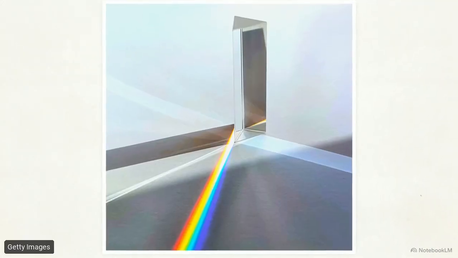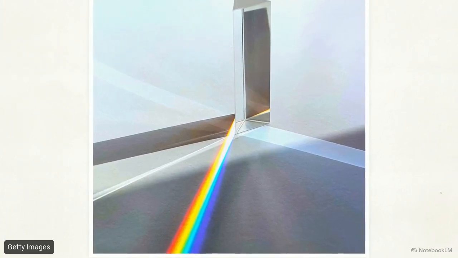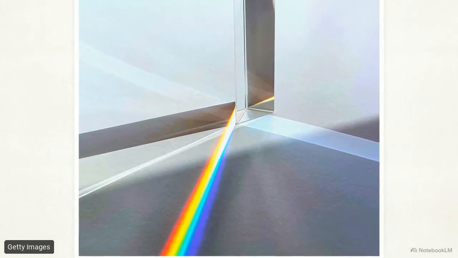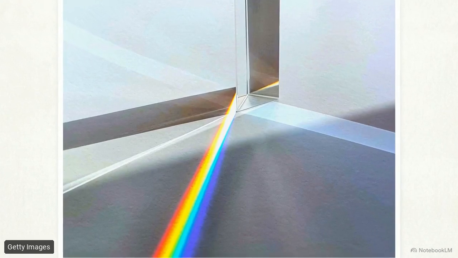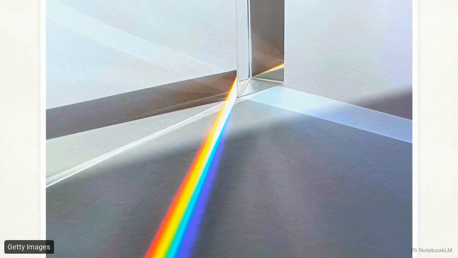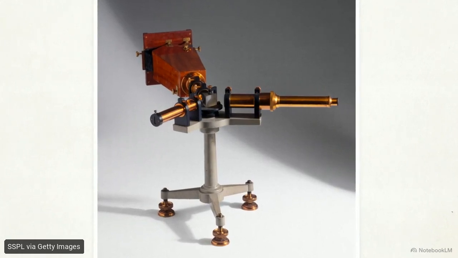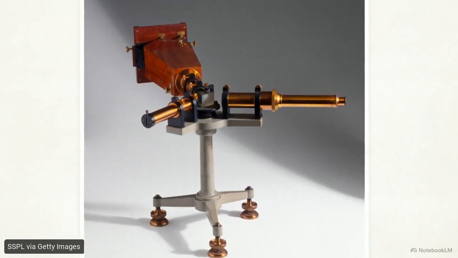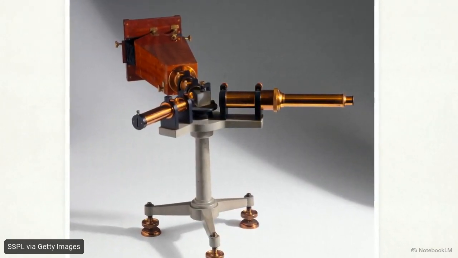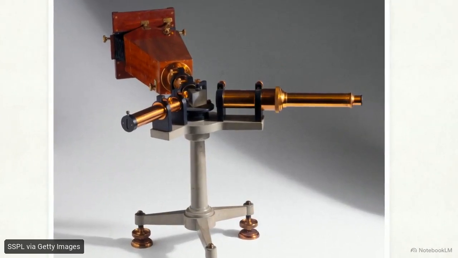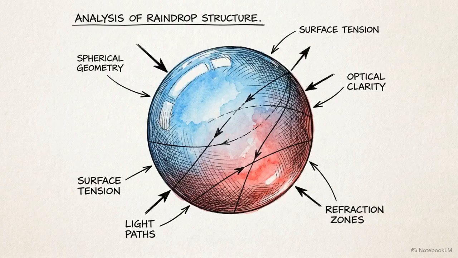A geometric prism demonstrates this clearly. White light splits into its component spectrum as violet bends the most and red bends the least. Analyzing these angles of deviation requires precise instrumentation, such as this antique spectrometer, to map the optical properties of different media. This same logic applies to spherical raindrops suspended in the atmosphere.